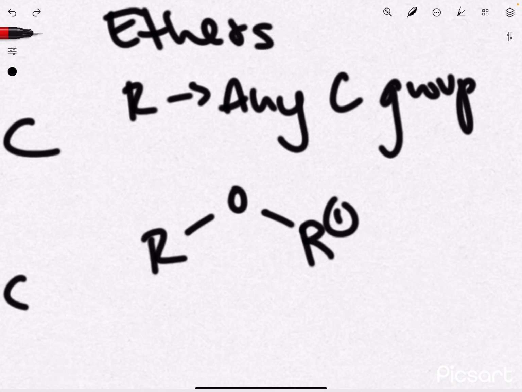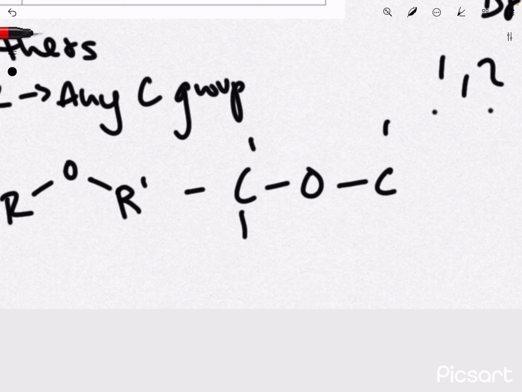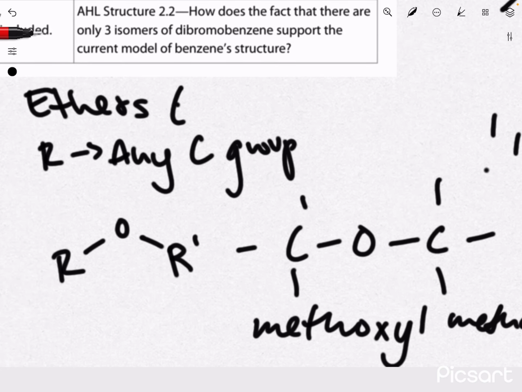They can be the same, but they can also be different. Essentially, this is when you have an oxygen present in the middle of your carbon chain. An example of this would be, let's pretend we have hydrogens bonded onto all of those dashes, and this over here would be methoxymethane. So the suffix is -oxy.